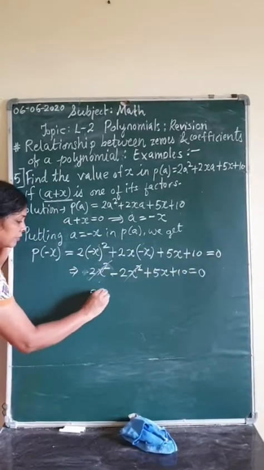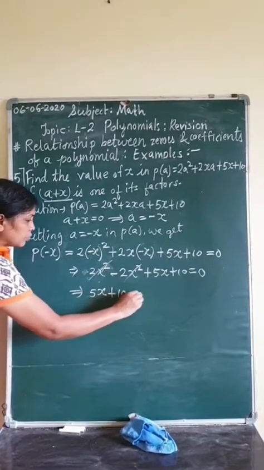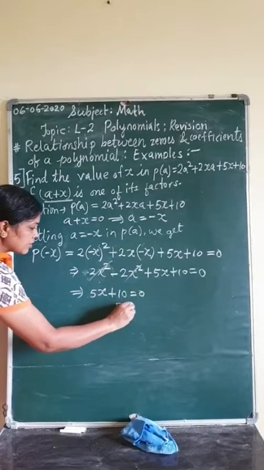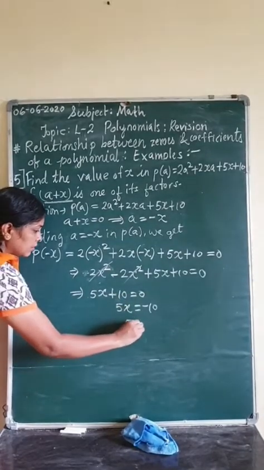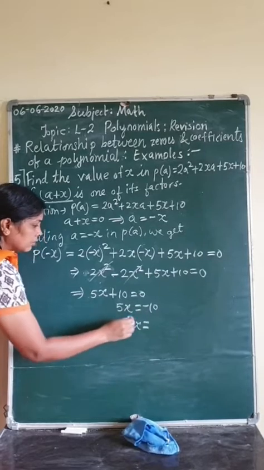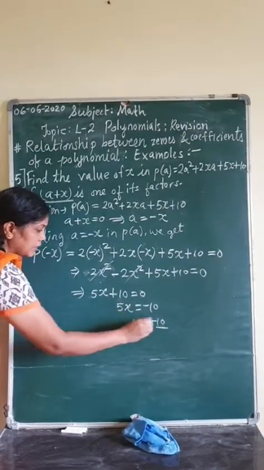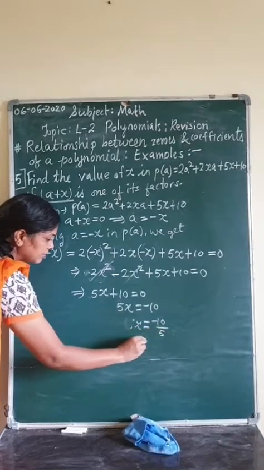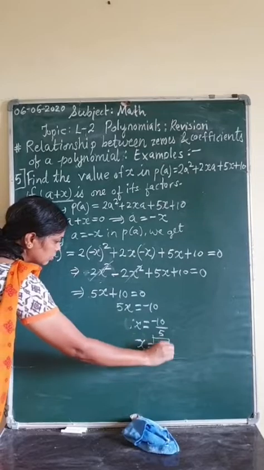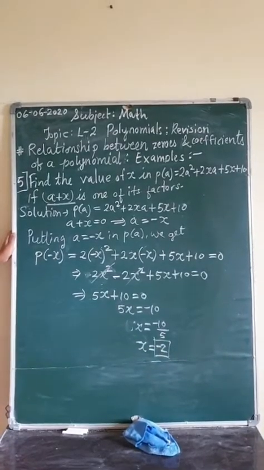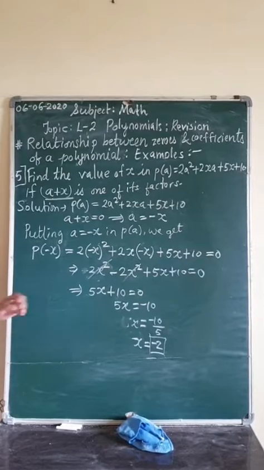What we have? 5x plus 10 is equal to 0. 5x, transposing this 10 to RHS, we get minus 10, dividing RHS by 5, which is multiplied here at LHS, that gives us x is equal to minus 2. And this is how we get the value of x.